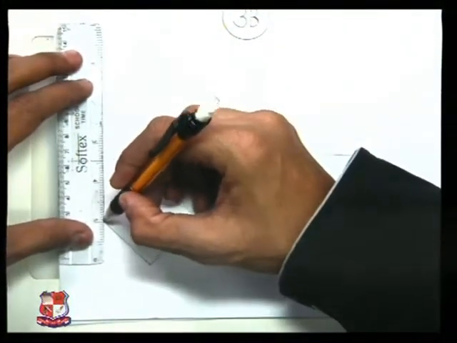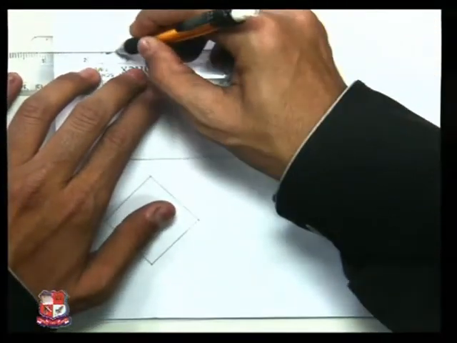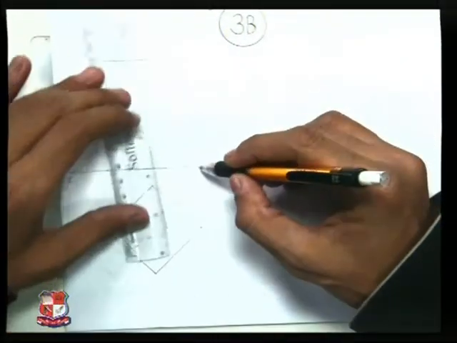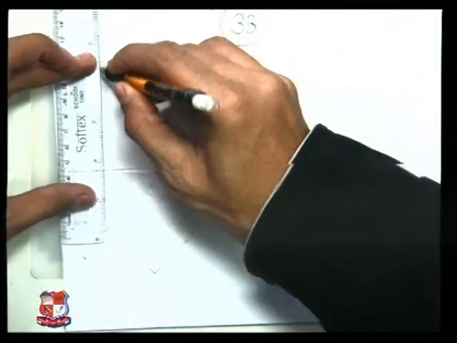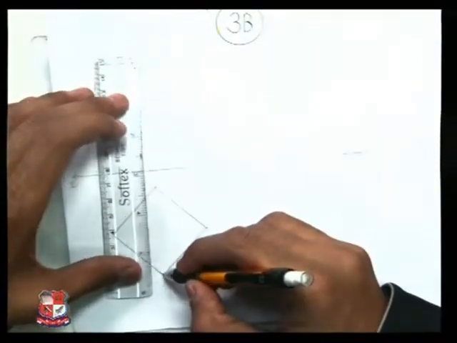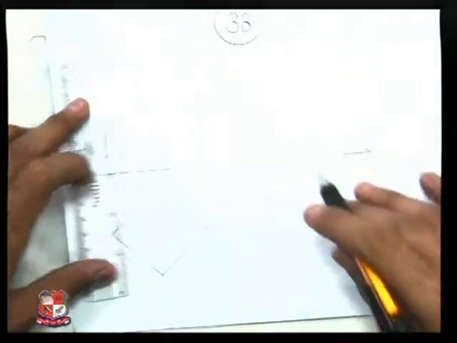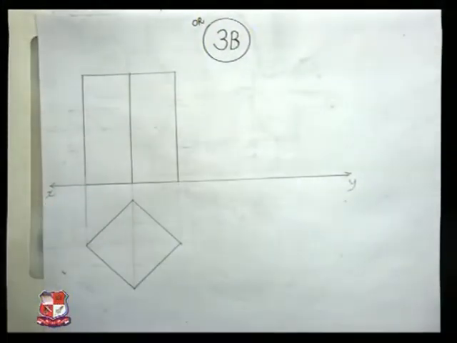From this end, projection like this. Height is given to us. So at the given height of the prism, we can draw a rectangle as shown over here, and these edges would be visible. So this is the front view of this square prism.